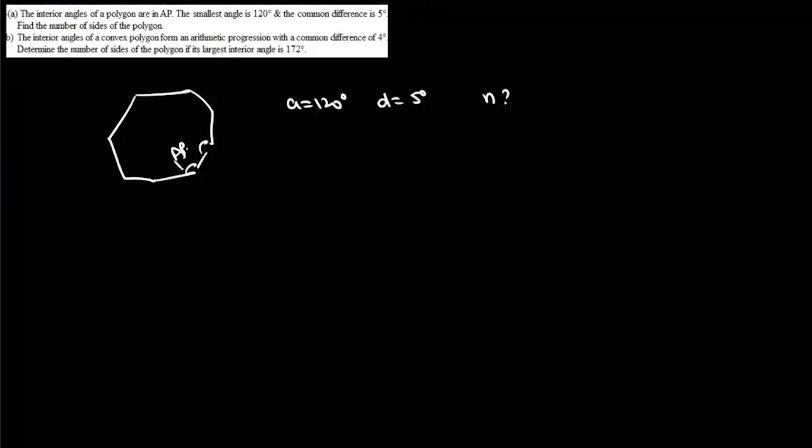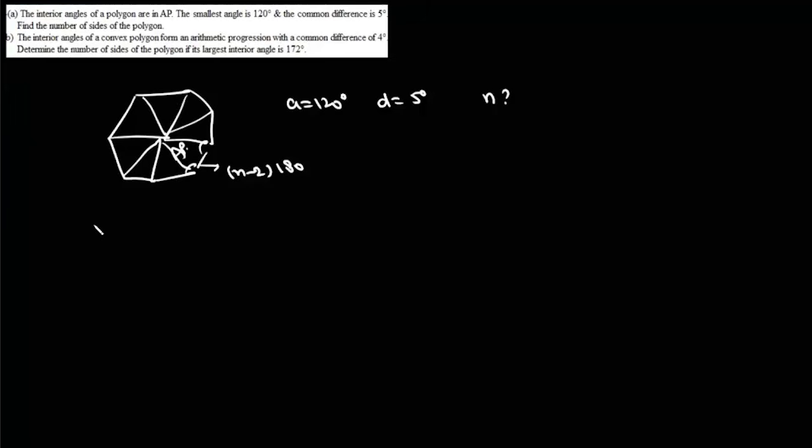Now we know that sum of interior angles of a polygon is given by n minus 2 into 180. And it's simple to work out. So we'll have n triangles.